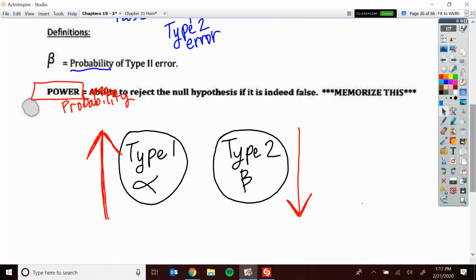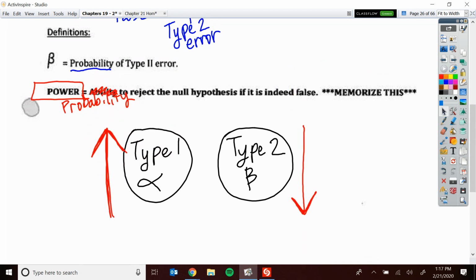Whatever this arrow is on the left, we use the word increase to describe what's happening to power. So this picture is about increasing power. If I make alpha go up, power increases. If type 2 goes down, power increases.